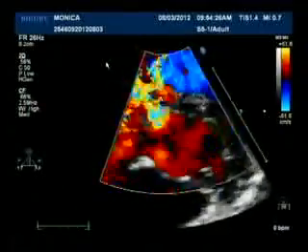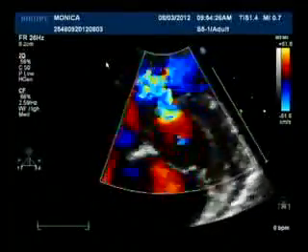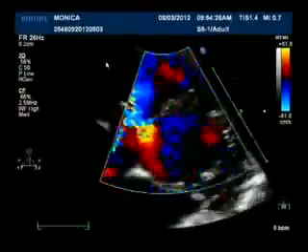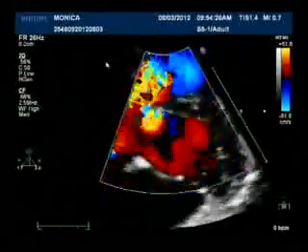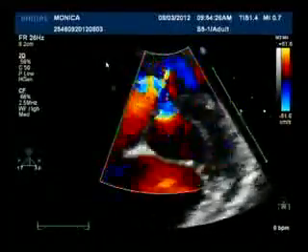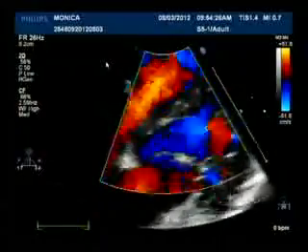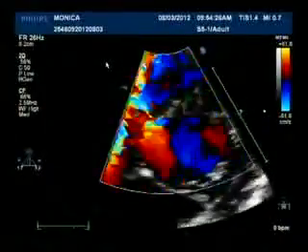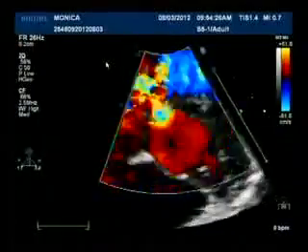Since it's a moderate membranous VSD, you can see the aortic wall to VSD distance is good, around 5 to 6 millimeters. Our intended procedure is to use a 6 millimeter device, since the narrowest diameter measures around 5.5 millimeter.